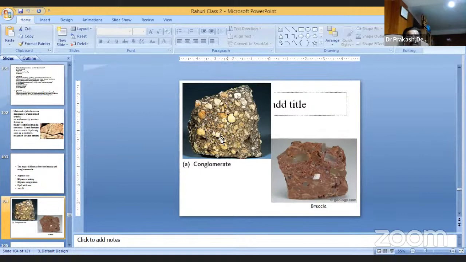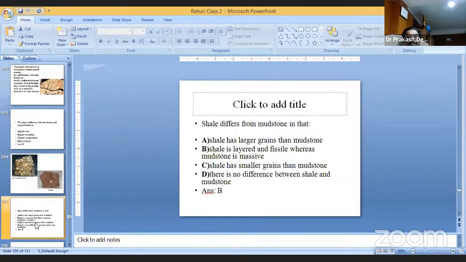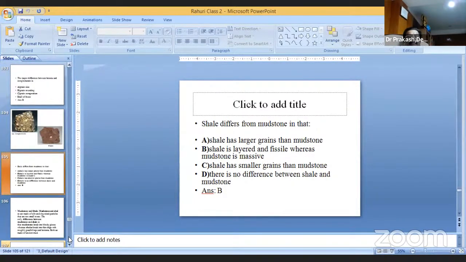So that is the difference between conglomerate and breccia. Both of them are detrital, fragmentary sedimentary rocks. Shale differs from mudstone in that shale is layered and fissile, whereas mudstone is massive. That is the only difference between shale and mudstone.